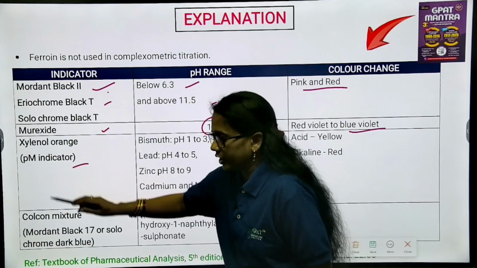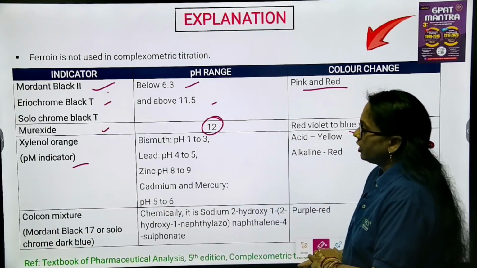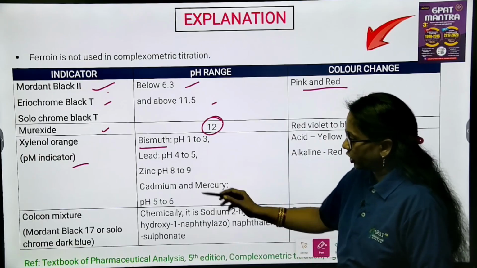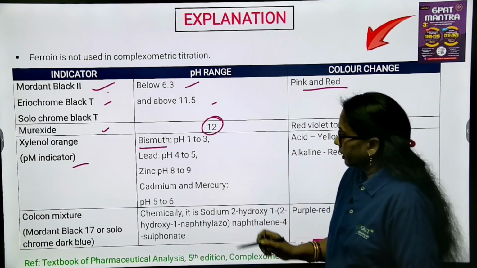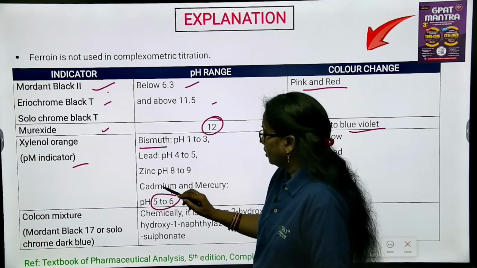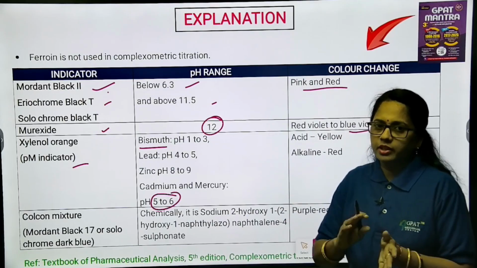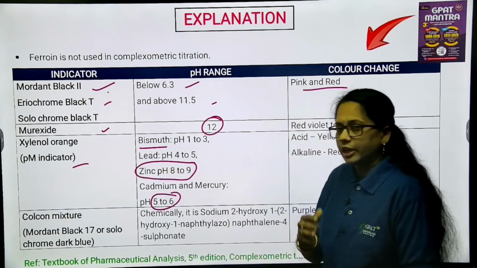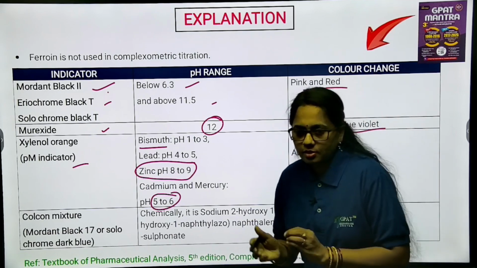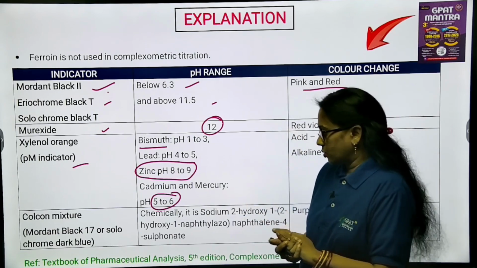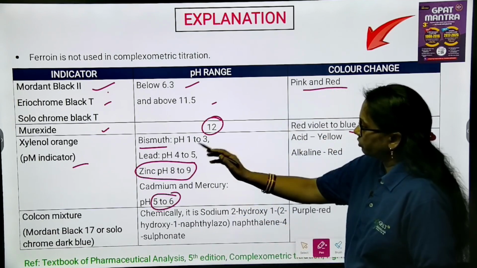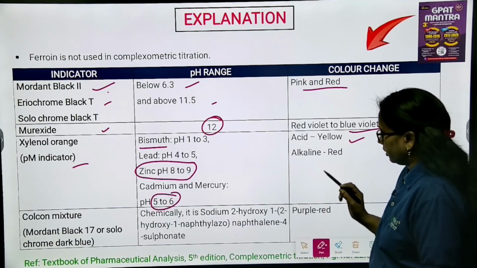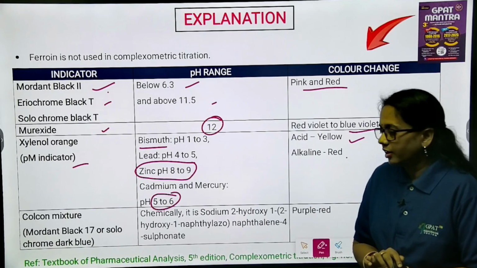And xylenol orange is also there in the question. This is especially used for the estimation of metals like bismuth, lead, zinc, cadmium and mercury, mostly in highly acidic as well as neutral pH. Whenever zinc is used, it can be used at mildly alkaline pH also. Xylenol orange gives a yellow color in acid, whereas in alkaline pH you are going to see a red color.